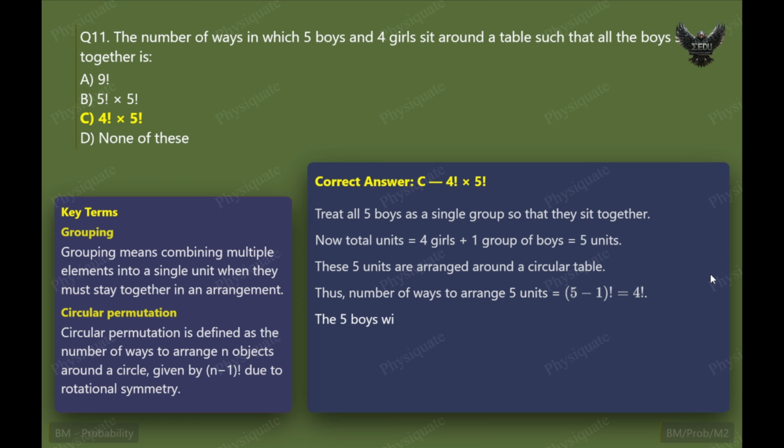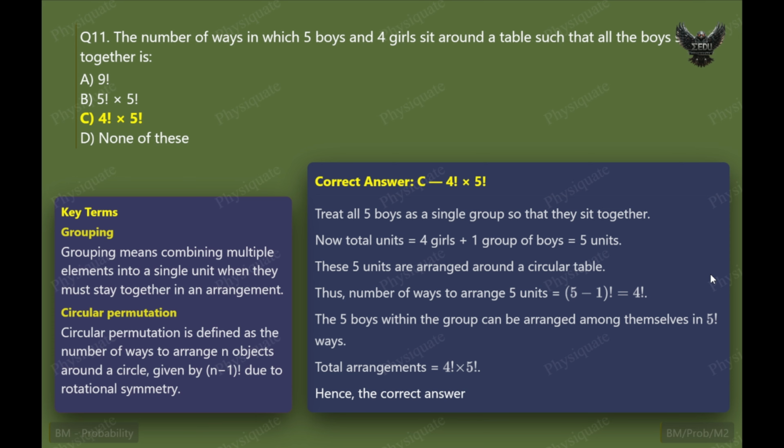The 5 boys within the group can be arranged among themselves in 5 factorial ways. Total arrangements equals 4 factorial times 5 factorial. Hence, the correct answer is 4! times 5!.